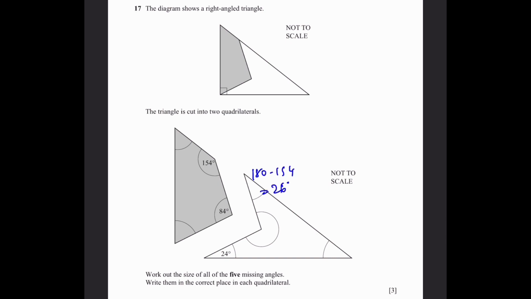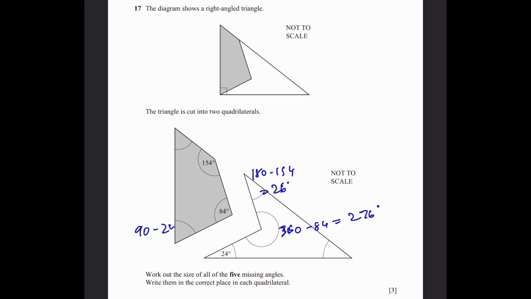And same way, if this was connected, this edge over here, that means the full thing is 360 degrees. So this will be 360 minus 84, which is 276 degrees. Now, also this is a right angle triangle, so if these two angles are joined together, it forms 90 degrees.